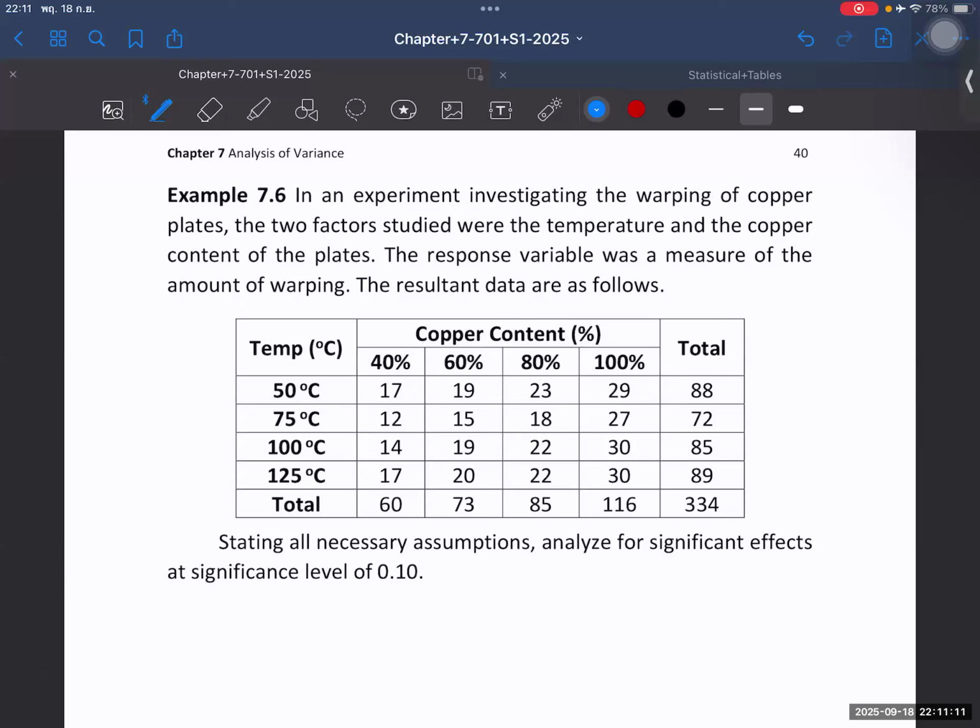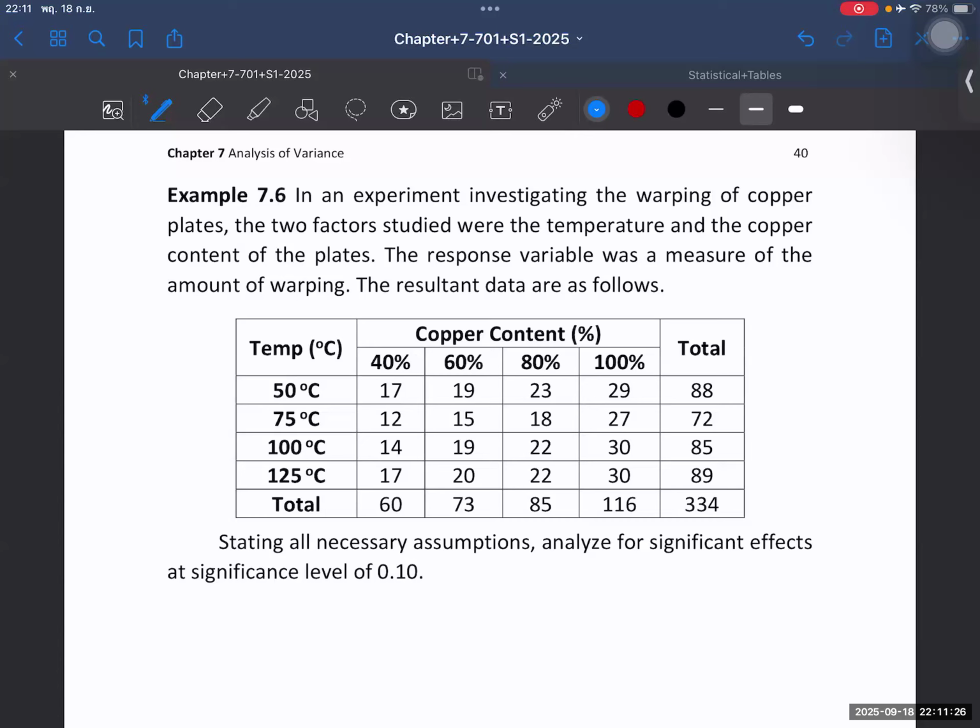The response variable was a measure of the amount of warping. The resultant data are as follows in the table below.